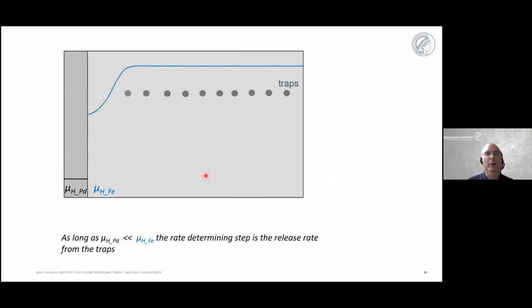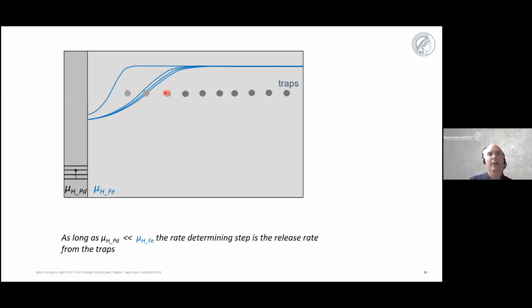That is also shown here. Here we have a palladium film. Here's a steel matrix. Here different trap sites. And here you can see, for example, how the chemical potential looks like. And in the palladium it is much lower. Here in the steel, the hydrogen starts to be depleted because it goes into the palladium. So with time, we will see this. And after some time, the release is mainly determined by the release from the trap sites.